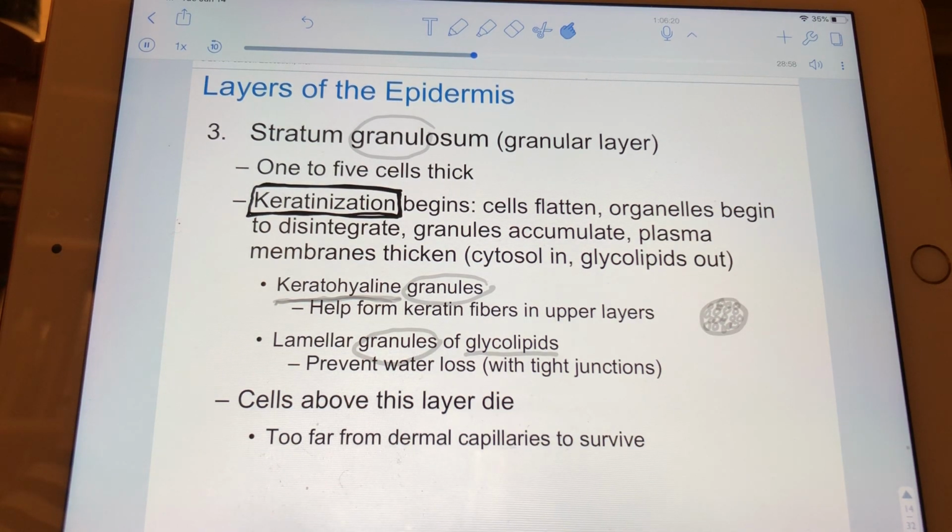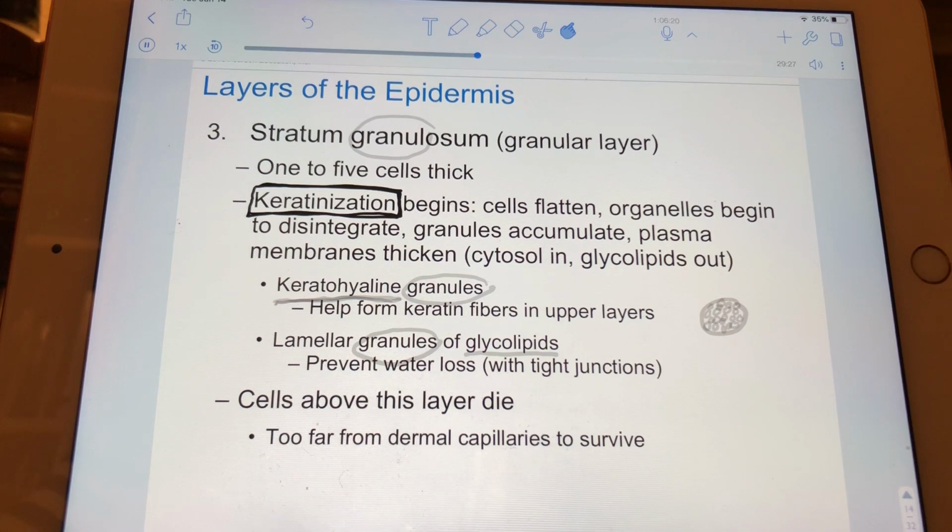Keratinization is the filling of a keratinocyte with keratin, and therefore also the murder of a keratinocyte, because once it's full of keratin, there isn't room for cytoplasm, there isn't room for organelles, so the cell gets overrun by keratin, okay? In the process of sort of aging through the stratum granulosum, these keratinocytes are going to flatten out.